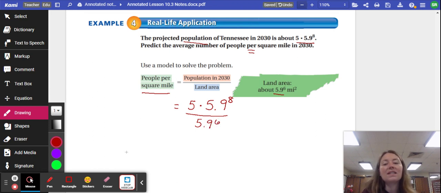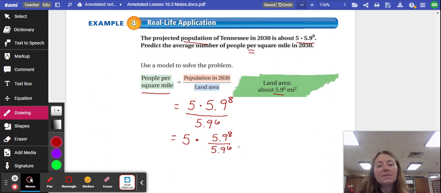Now, before I can solve this, I'm going to need to rewrite this in a different way. I want to be able to use that quotient of powers property. To do that, I'm going to rewrite this by separating that 5 out. So now it looks like this, 5 times 5.9 to the 8th power over 5.9 to the 6th power.